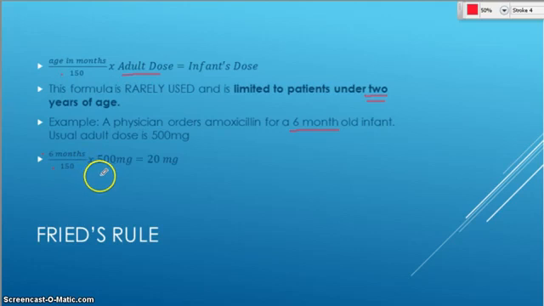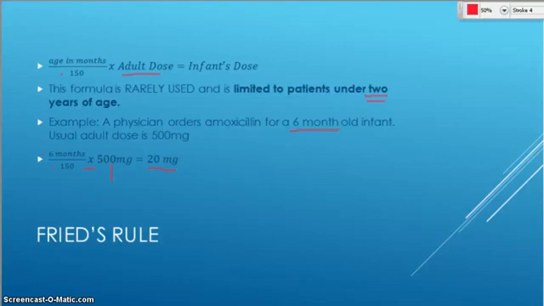Hit your equals button, and then do times the adult dose, which in this case was the 500. And when we do that, we're going to get 20 milligrams. So the dosage for this infant is going to be 20 milligrams of amoxicillin. So that's our second pediatric formula.